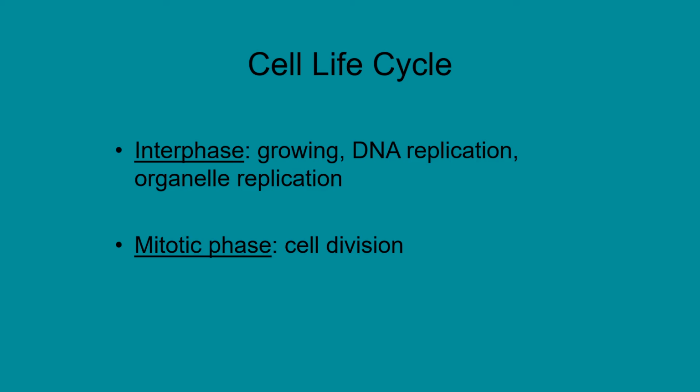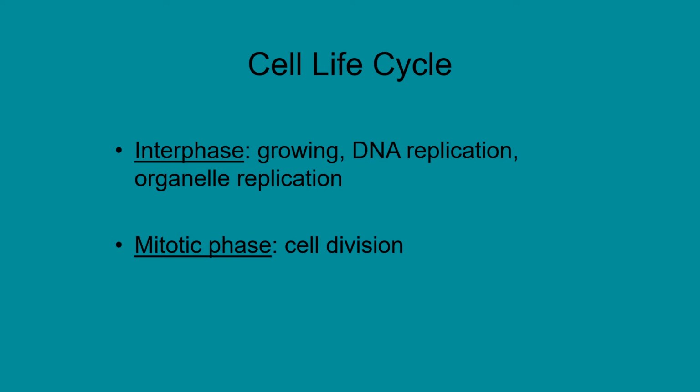When we look at the cell life cycle, it can first be divided into two different phases: interphase and the mitotic phase. Sometimes the mitotic phase is referred to as the M phase.